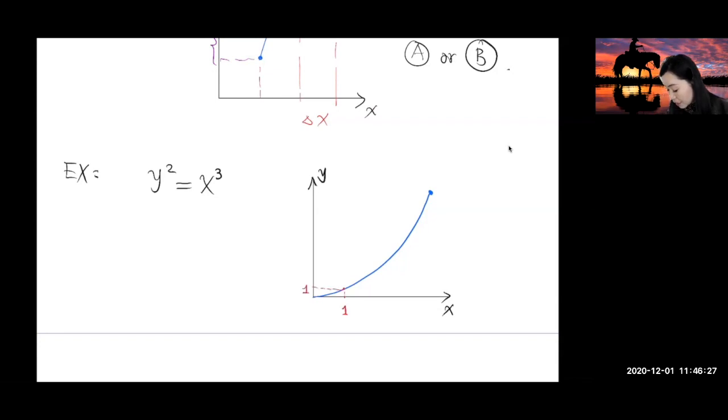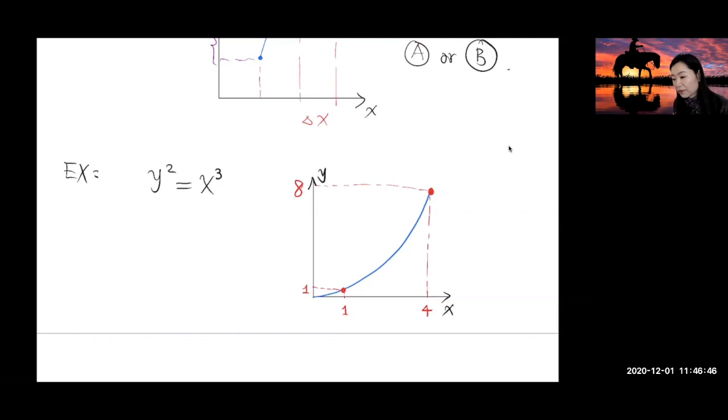And also, when x equals 4, y over here will be equal to 8. So it passes these two points, 1, 1 and 4, 8.